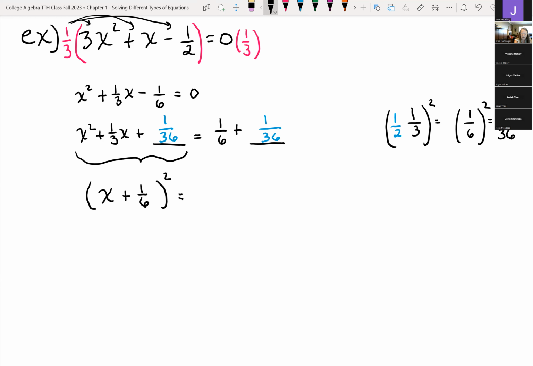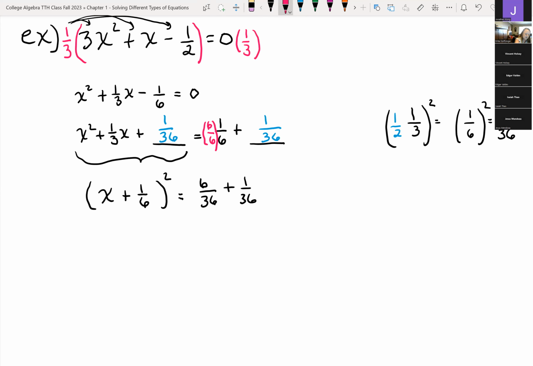My common denominator between 6 and 36 is 36. So in order to get 36 in the denominator for 1/6, I need to multiply it by that fancy one of 6 over 6. Doing that, I get 6 over 36 plus 1 over 36.